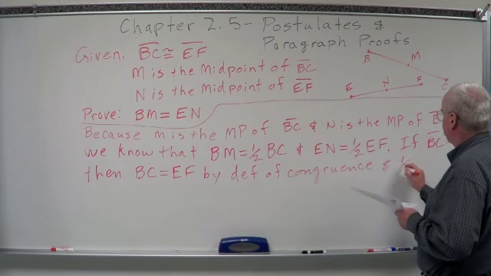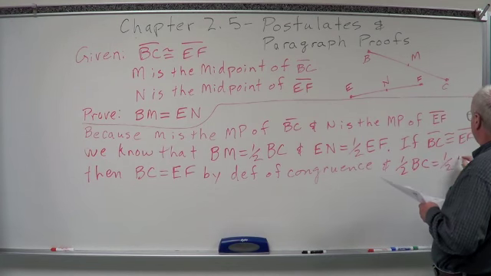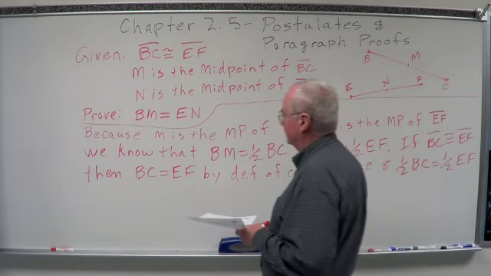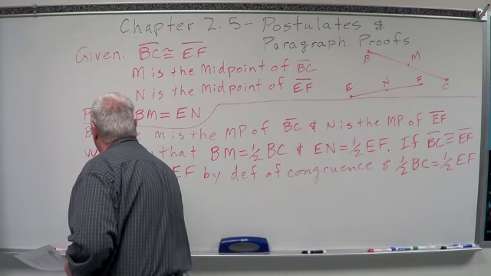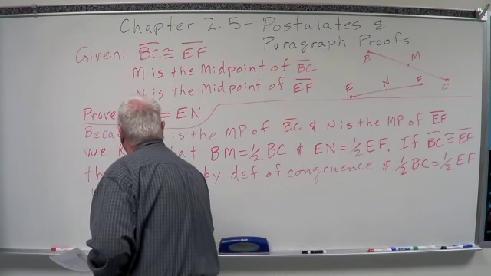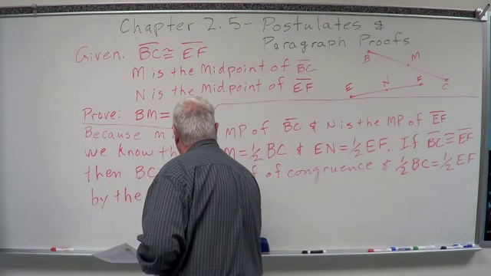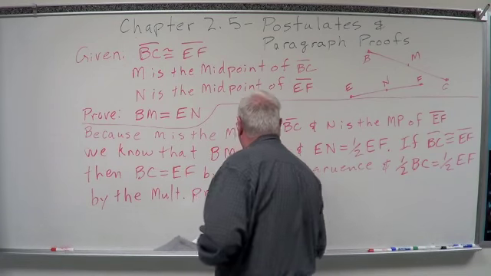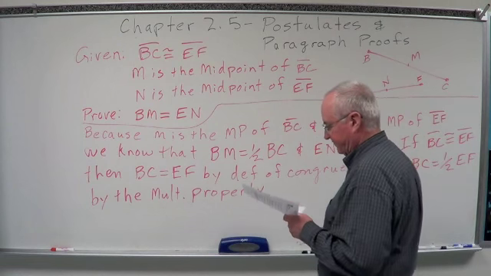And 1/2 BC equals 1/2 EF. By another algebra property called the multiplication property. Multiply both sides of an equation by something, as long as you do it to both.